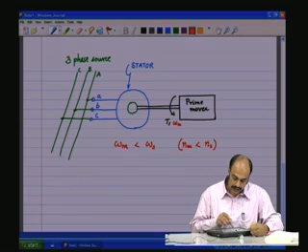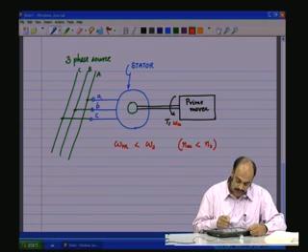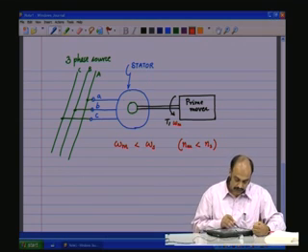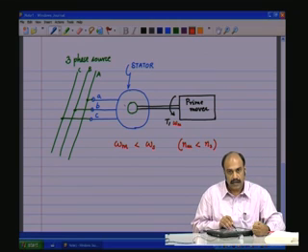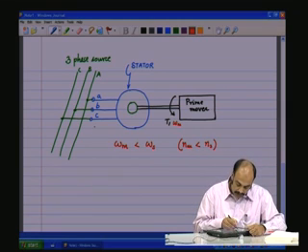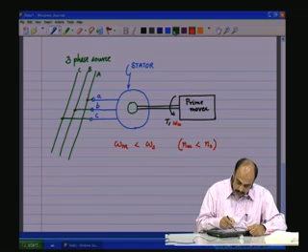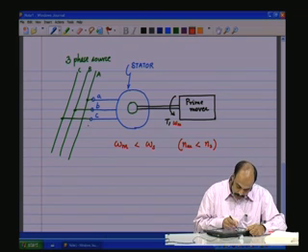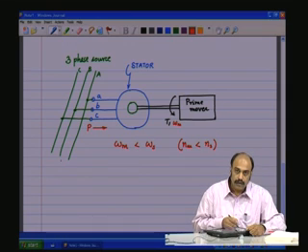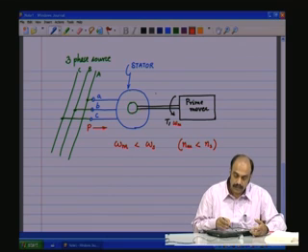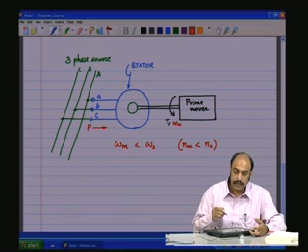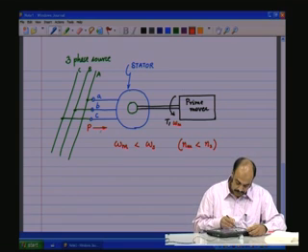So the induction machine here is acting like a motor, so it is drawing the active and the reactive power. So we will call this one as the source, which is giving both. Let us say P is the active power, which is supplying the losses in the stator, is going to the rotor, the losses in the rotor going to the shaft, and then to the load, whatever it is.